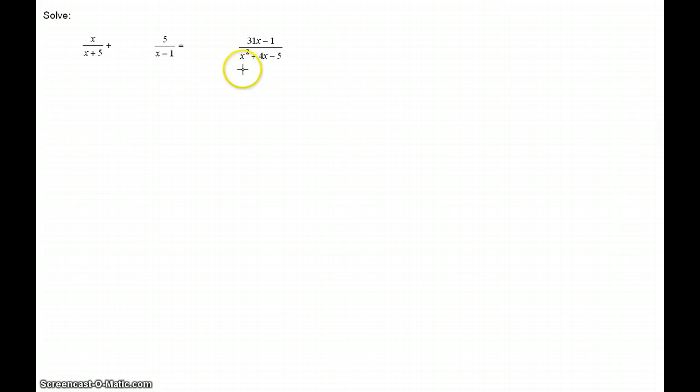As you notice here, if you factor this x squared plus 4x minus 5, you get (x plus 5)(x minus 1). The product is negative 5, and the sum is 4. So let's multiply everything by (x plus 5)(x minus 1).